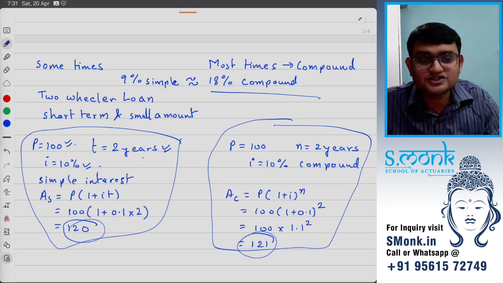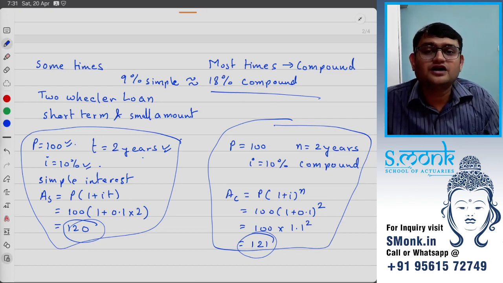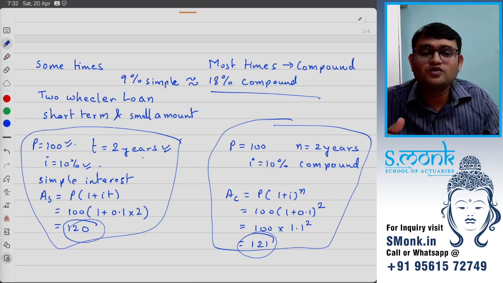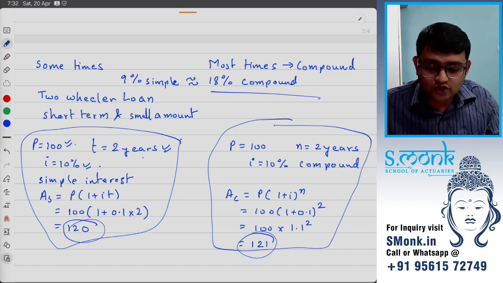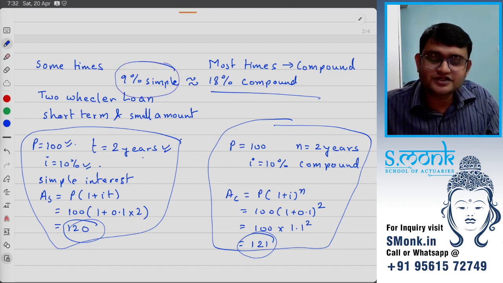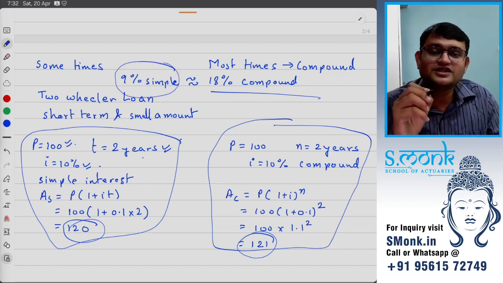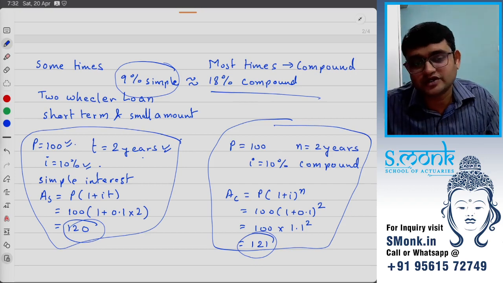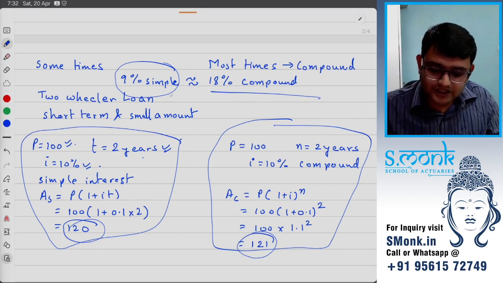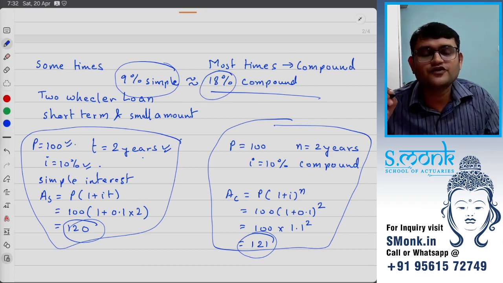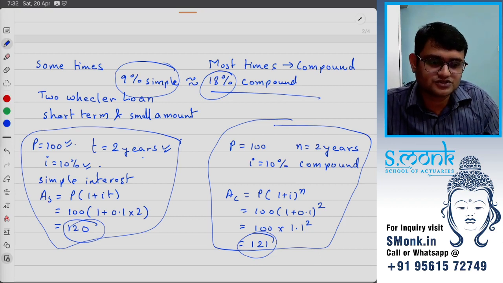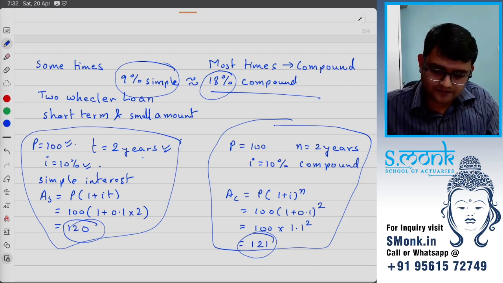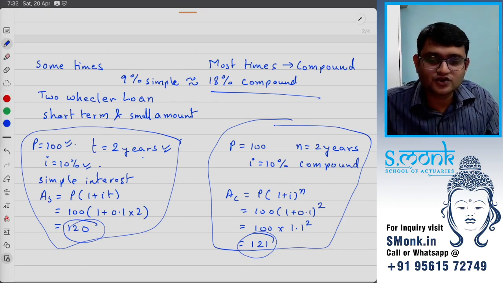So if by any chance you are thinking about buying a two-wheeler on loan, remember whatever rate of interest they are offering you, ask whether it is simple interest or compound interest. And if they use the word simple, remember to just double it if you are comparing it with any other compound interest loans. Okay. We learn that in the loans chapter.